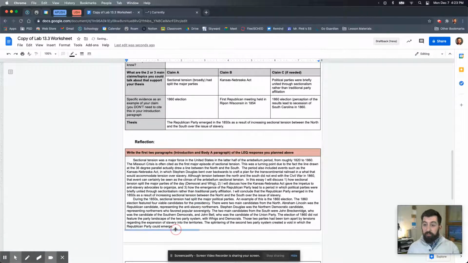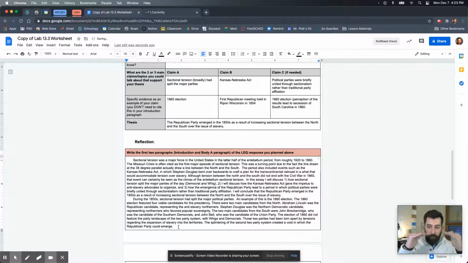So that's all you have to do for a body paragraph, ladies and gents, right? It's that claim, example, explanation pattern that you do for your SAQs. Now, typically, if you do this well, one piece of evidence and explanation pair is usually enough for a body paragraph. If you have time, and if this is easily accessible, more pieces of evidence always make a claim stronger, right?